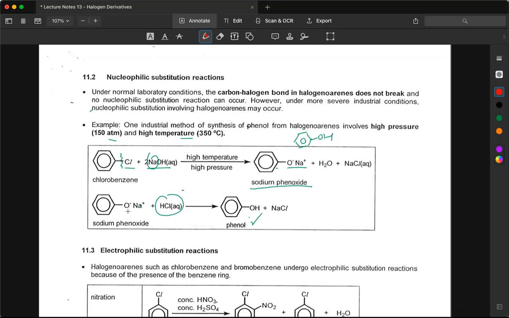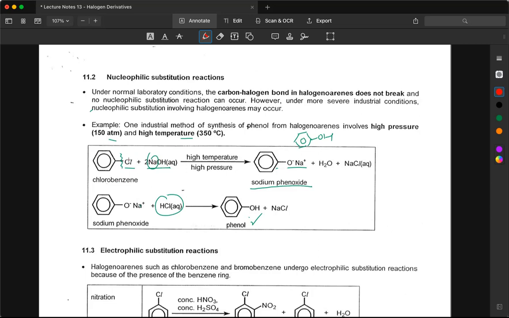Another example is sodium phenoxide, where you can remove the Na and form the phenol. Sorry, these are two steps. So you have chlorobenzene reacting with sodium hydroxide.